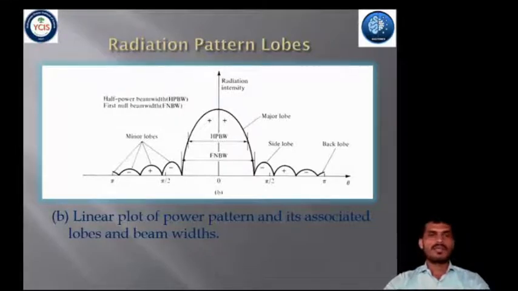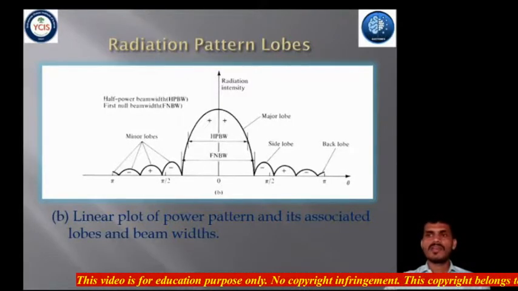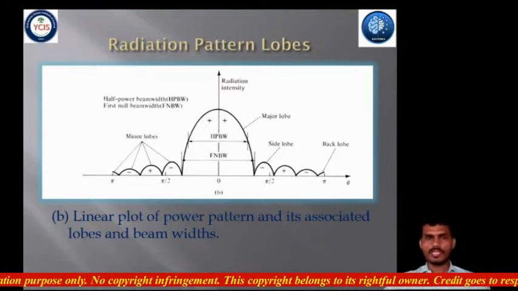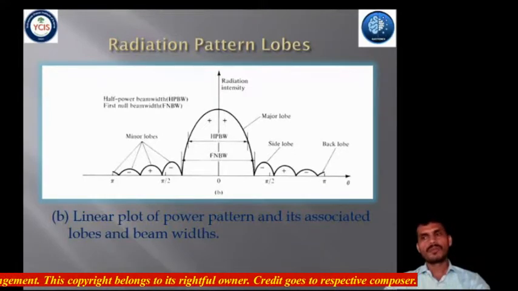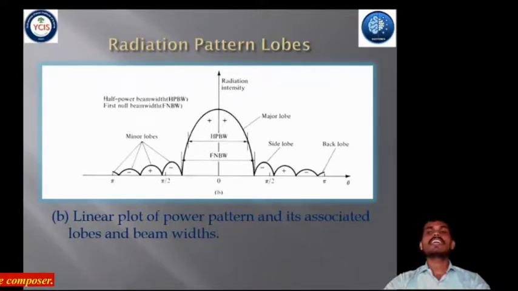We can design different types of MATLAB programs for radiation patterns, and for this you can refer to the Antenna Theory book written by Balanis. Now a major lobe, also called the main lobe, is defined as the radiation lobe containing the direction of maximum radiation.